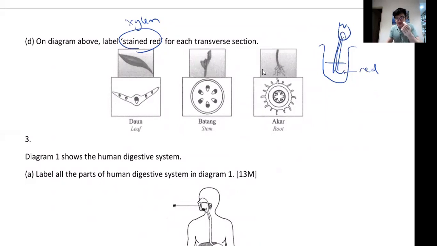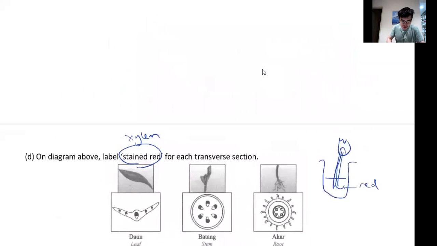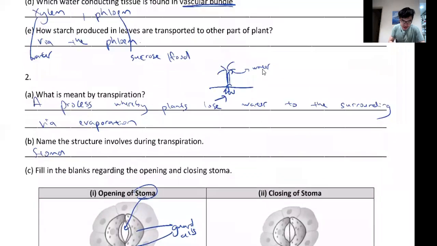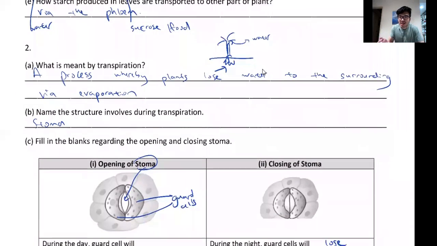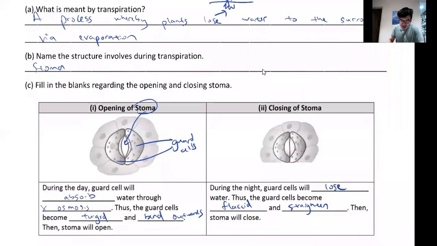When you slice the stem in half and look in the middle, if you see red color, that's where they transport the water up. So that's the xylem, right? Because I said xylem transports water, right? Basically, stain rate is the xylem. Indirectly, they're asking you where's the xylem.